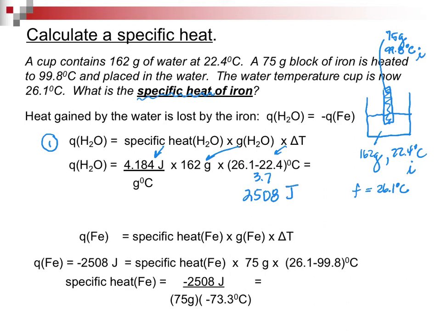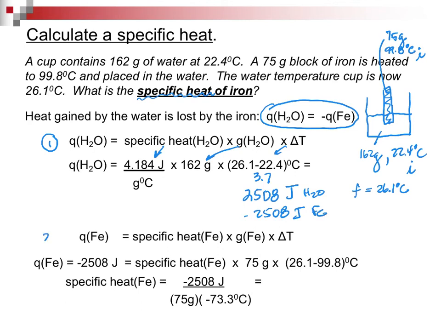Now, the heat gained by the water is the heat that is lost by the iron. That means that in order to use this, we need to say this refers to water, minus 2508 joules refers to the iron.